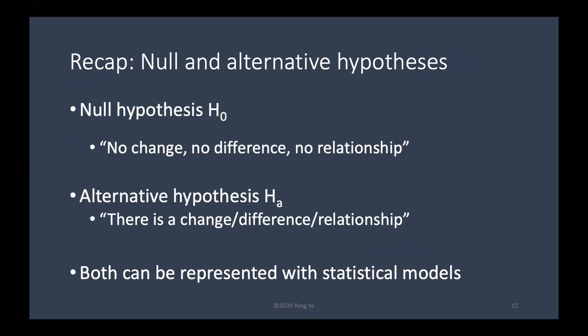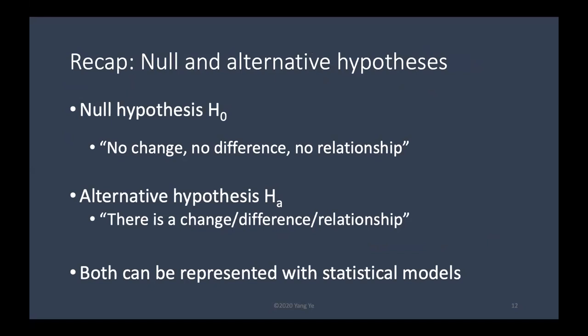A quick recap. We already know that hypothesis testing, or the NHST paradigm, utilizes two hypotheses that are exclusive to each other, and they can be tested using statistical models. The null hypothesis suggests that things haven't changed, there's no difference, there's no relationship.